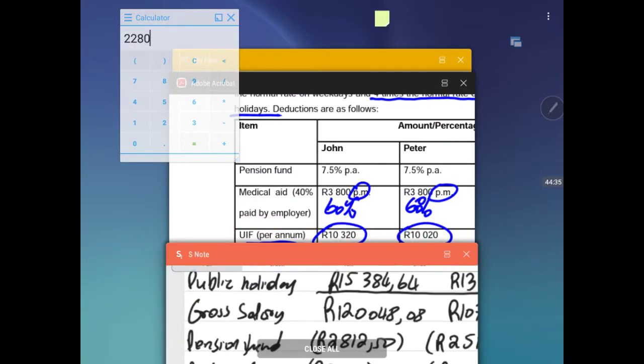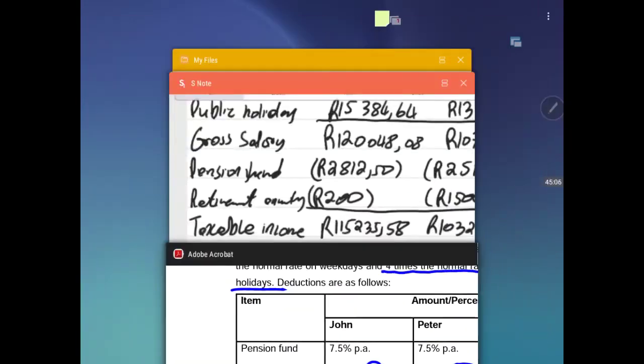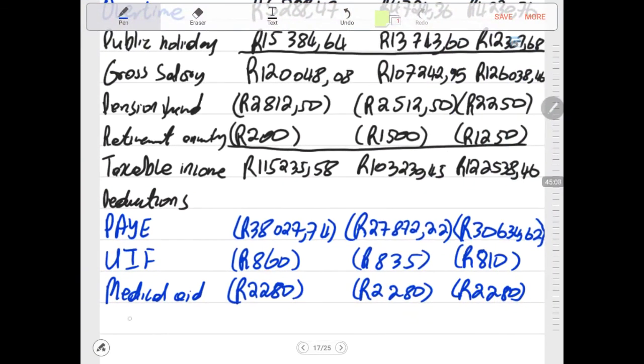Isn't there a last deduction to capture? The last one, housing bond. This is not housing allowance. Take note, it's a bond. This is what the employees are paying to their bond, meaning the house that they bought. 3,000 is deducted before the salary is paid to the employee, and 3,000 is paid to the bond company, which is the bank, before the employee gets his amount. 3,000 and 3,000, that is Peter and Simon.